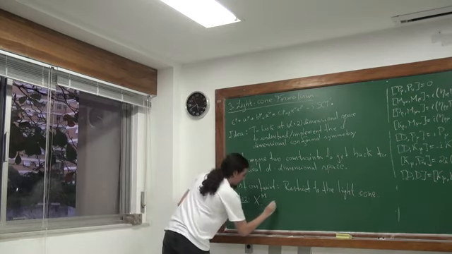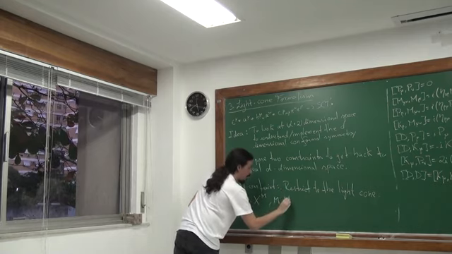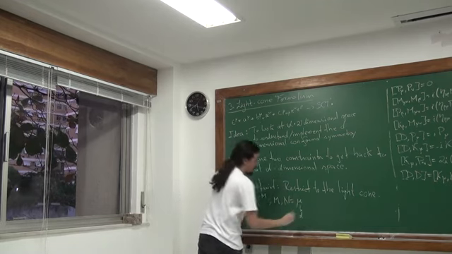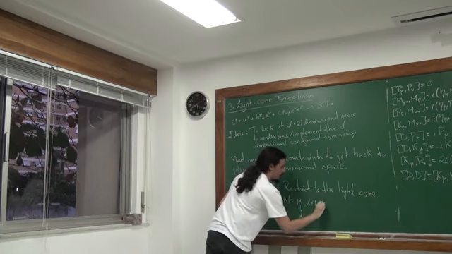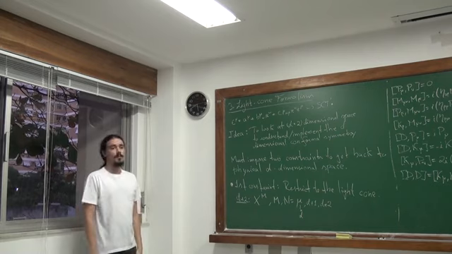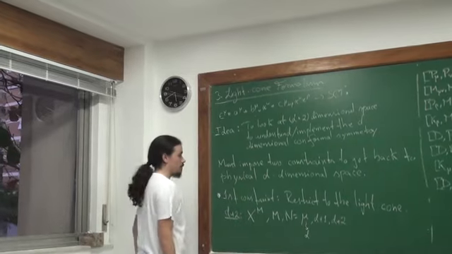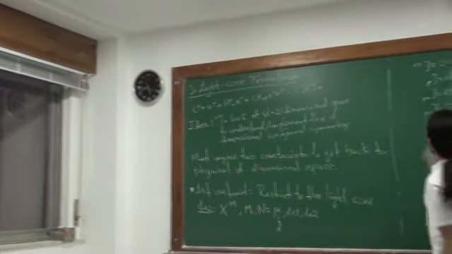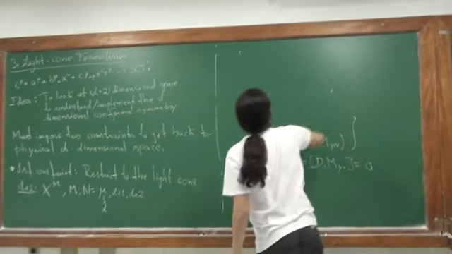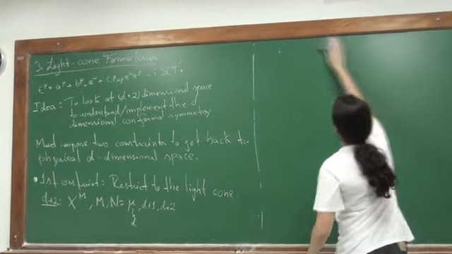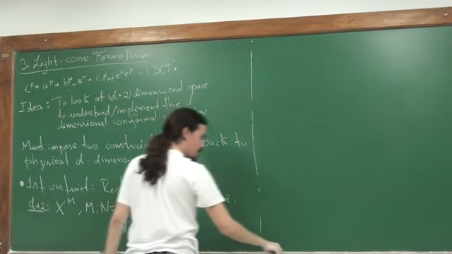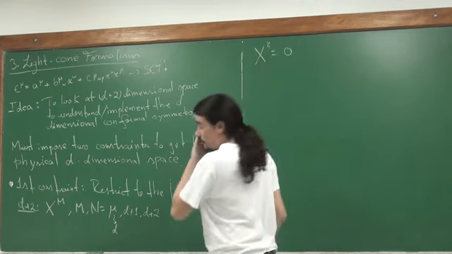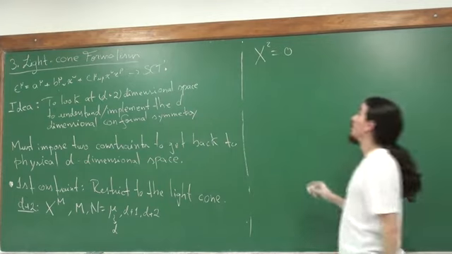These capital indices M or N will run over mu, meaning d indices, and d plus 1, and d plus 2. So this first constraint in this notation translates to X squared equals 0. That is the light cone. This is the first constraint.